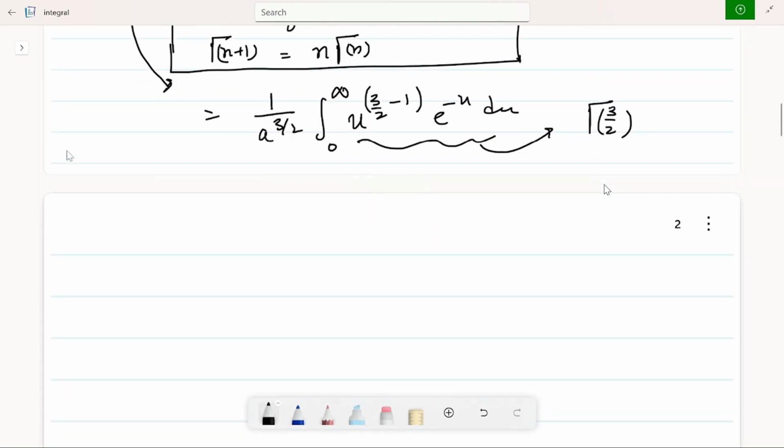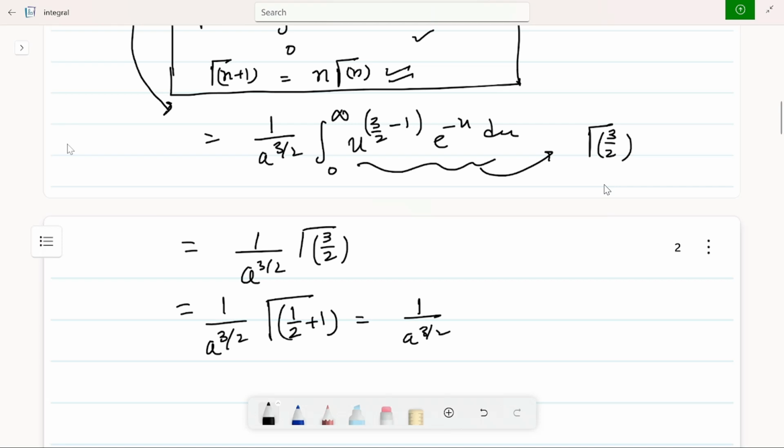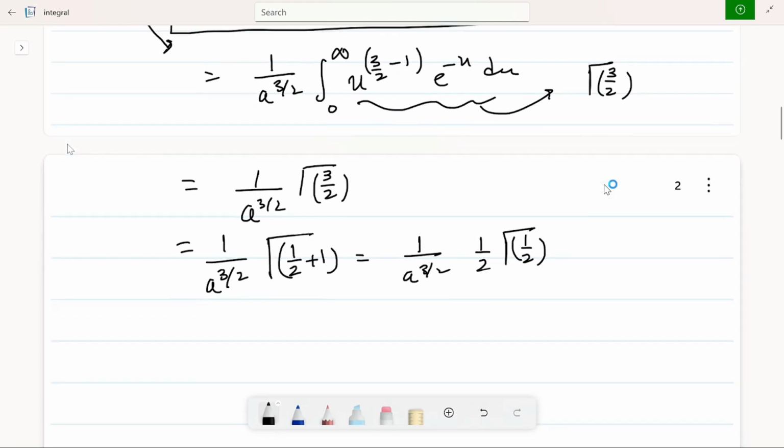So the overall solution becomes 1 upon a raised to the power 3 by 2 times gamma of 3 by 2. So now by using the second property over here, we can write that this becomes 1 upon a raised to the power 3 by 2 times gamma of 1 by 2 plus 1, which would eventually become 1 upon a raised to the power 3 by 2 times 1 by 2 gamma of half, right?